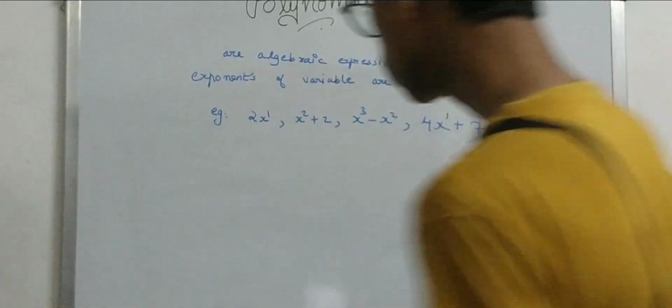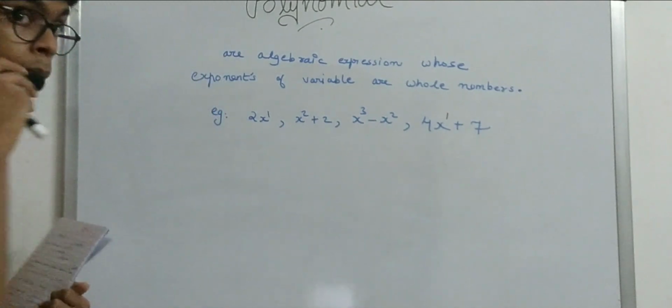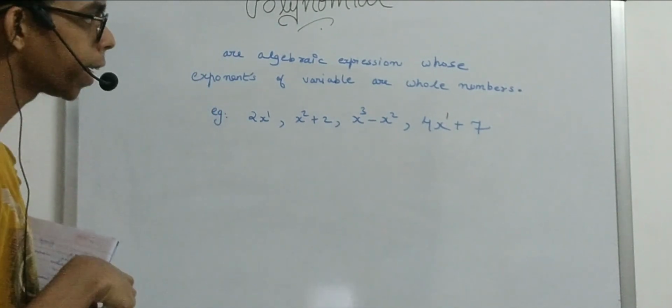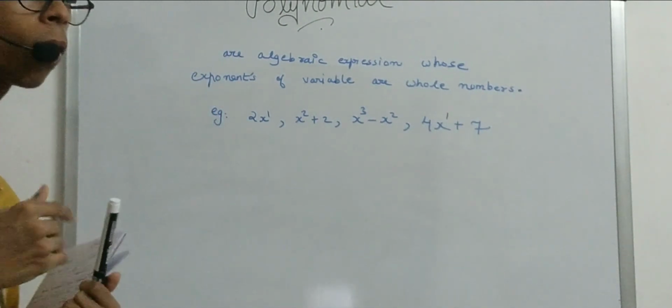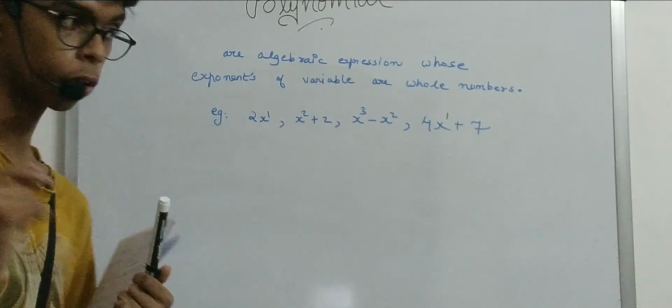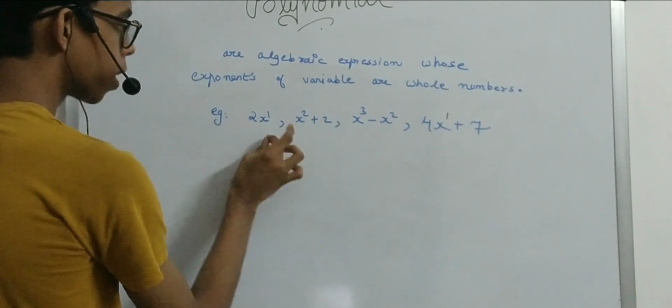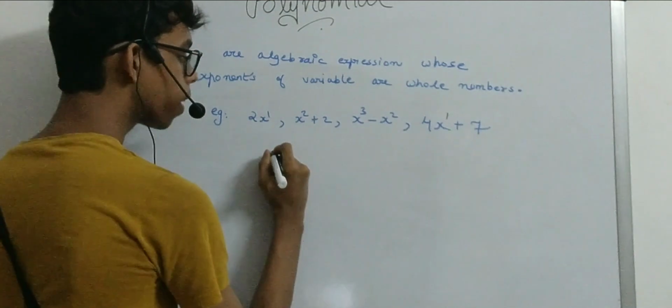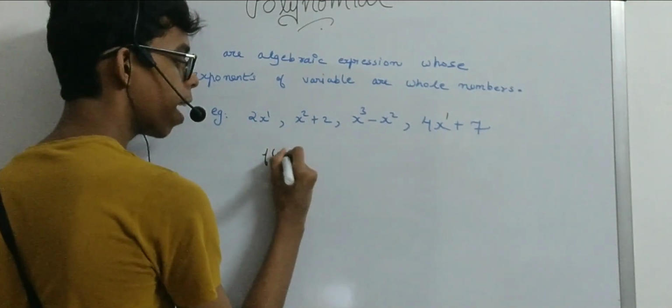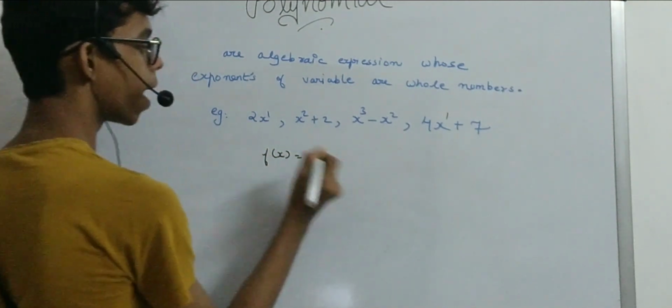Okay, so now let's see how we will represent a polynomial. We usually represent a polynomial as f of x, g of x, like that. For example, if I take 2x, I will represent this polynomial as f of x is equal to 2x.